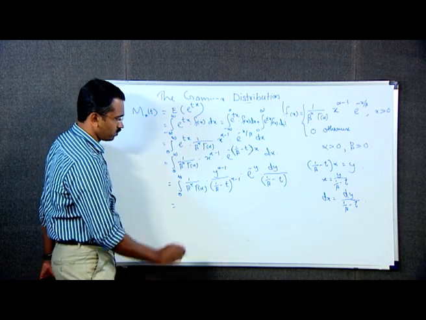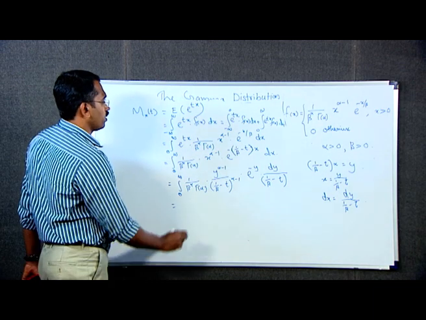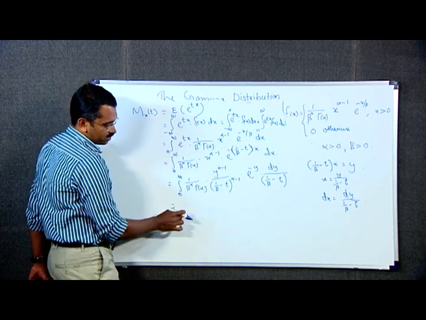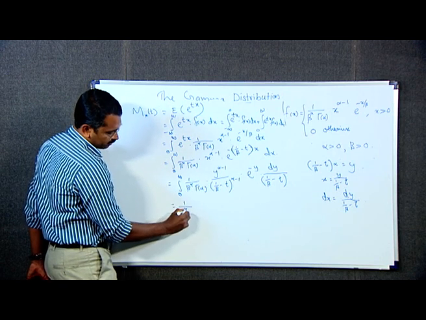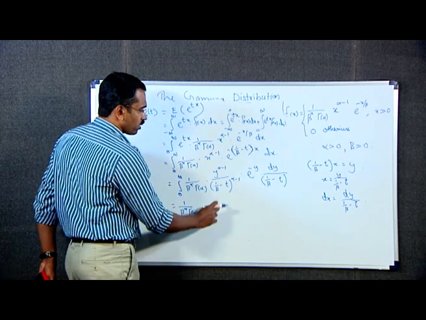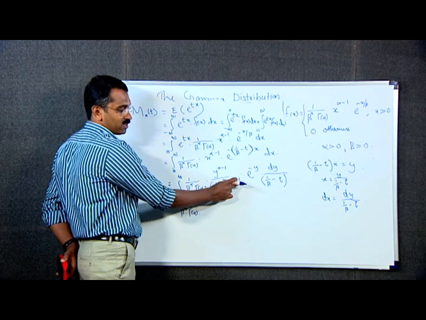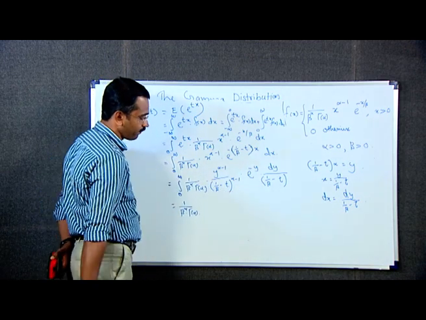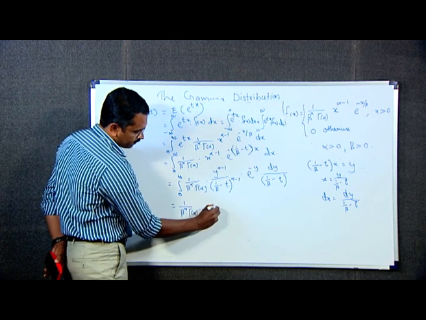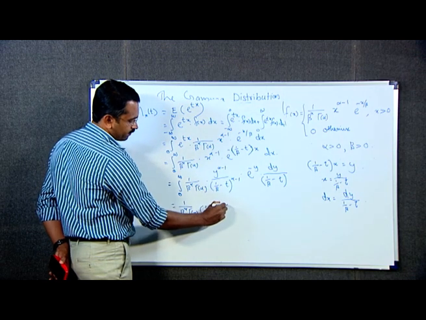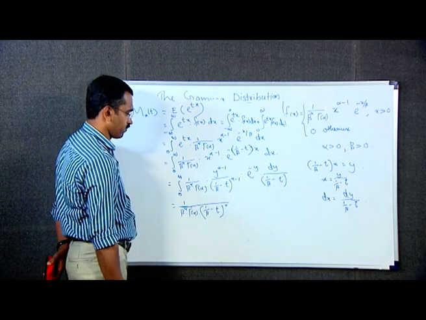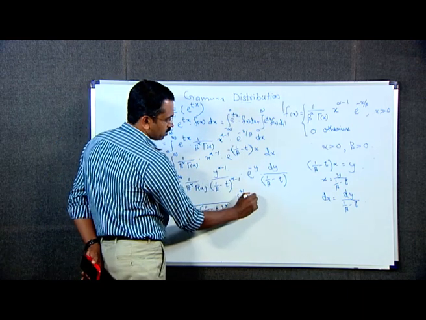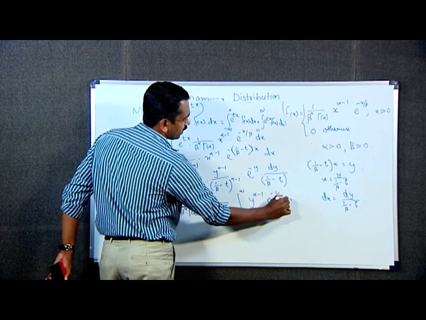Here integration is with respect to y, therefore these terms are constants, that is 1 by beta raised to alpha into gamma alpha into, here in the denominator (1 by beta minus t) all raised to alpha minus 1, here is 1 by beta minus t, therefore these terms will become (1 by beta minus t) all raised to alpha, into integral from 0 to infinity y raised to alpha minus 1 into e raised to minus y dy.